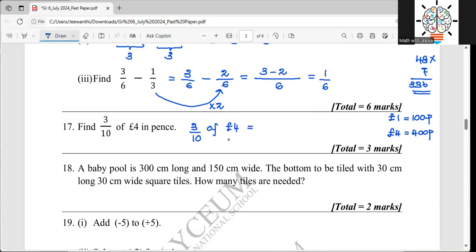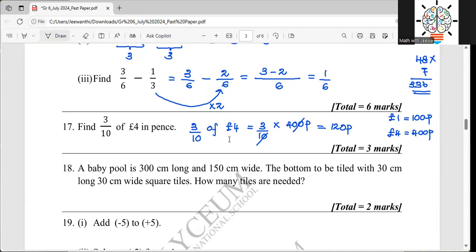So I write 3 over 10 of, which means multiplication, 400 pence, right? Then we can simplify this. How can we simplify? The 0 and 0 you can cancel. So the answer is 3 times 40, 120 pence. So this should be the answer, 120 pence. We'll write this nicely, 120 pence.